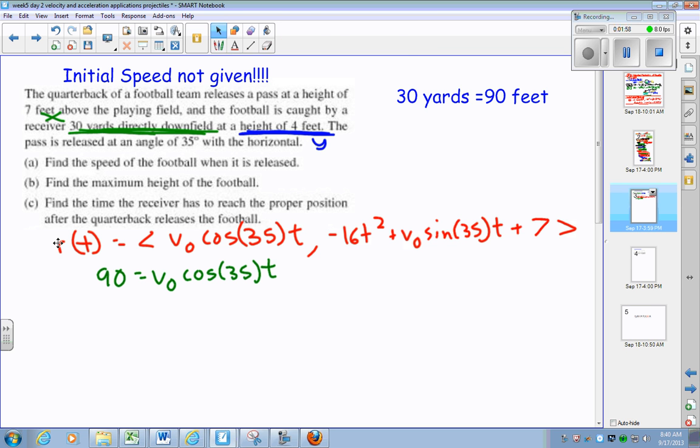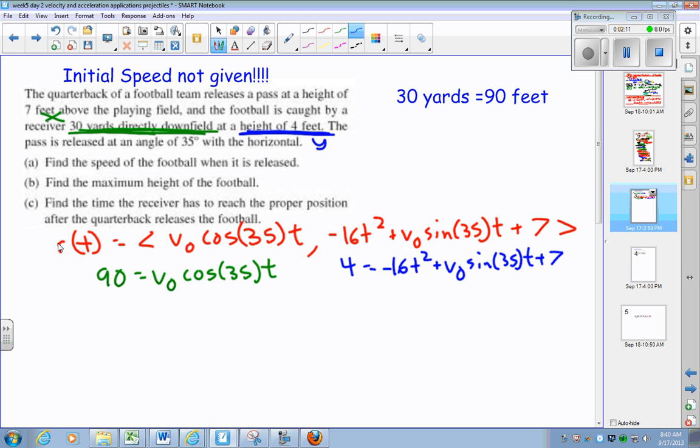And we also know that at 4 feet, that has to be negative 16t squared plus v naught sine 35t plus 7.